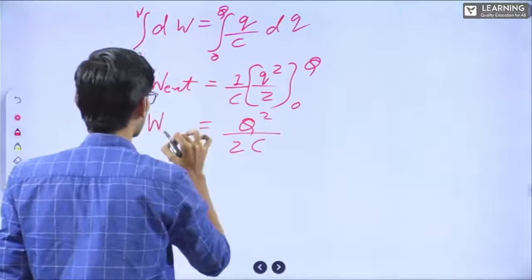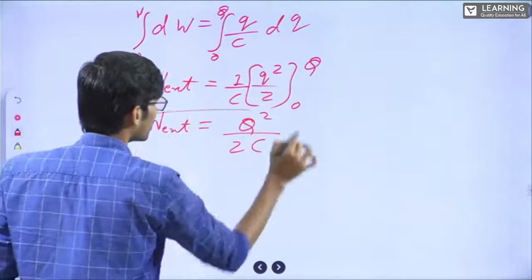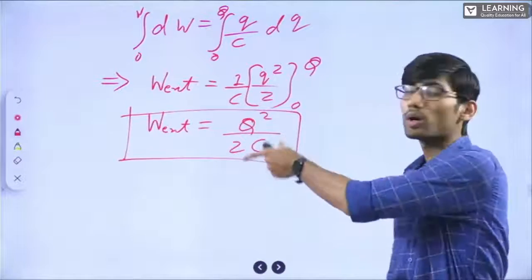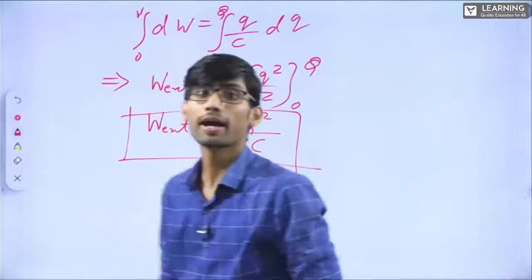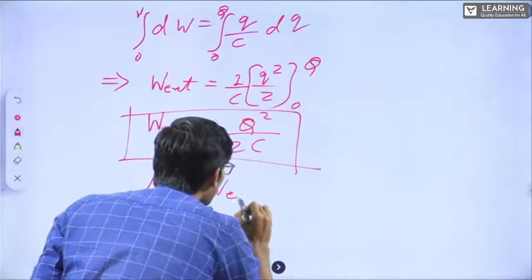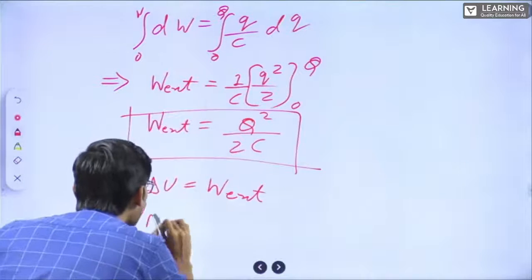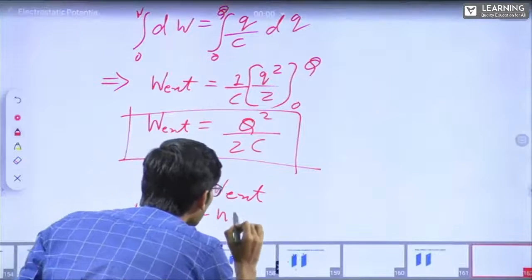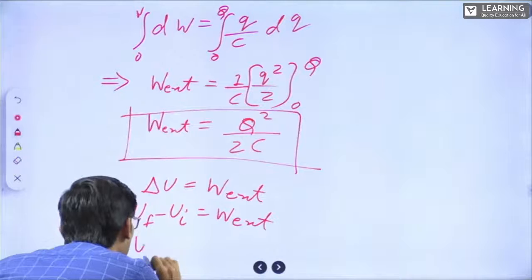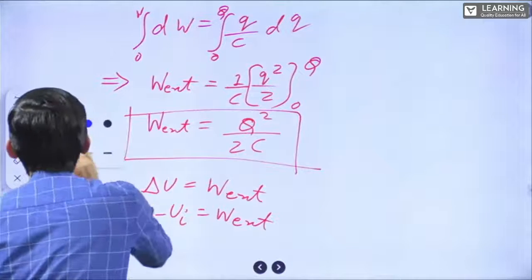This is W external. So work done in charging the plates is Q square by 2C, work done by external agent, and we know that delta U is equal to work done by external agent. So U final minus U initial is equal to work done by external agent.